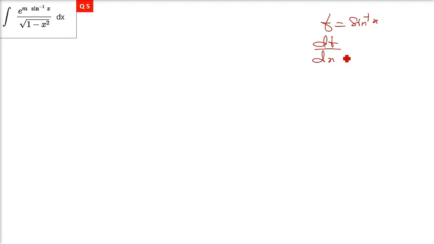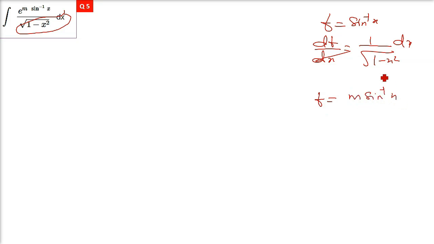So t is sine inverse x, dt by dx will be 1 by under root 1 minus x square. Now dx goes up, this whole is your dt. Now this is one aspect. But what is my use if you know already this can be done, right? So I will advise you not to take t as sine inverse, rather take m sine inverse as t. You will be saving one step. How?